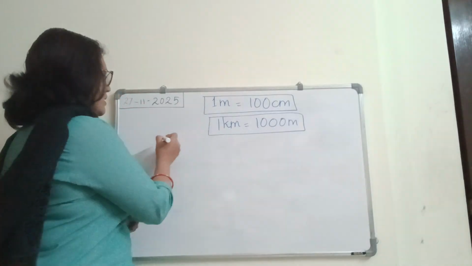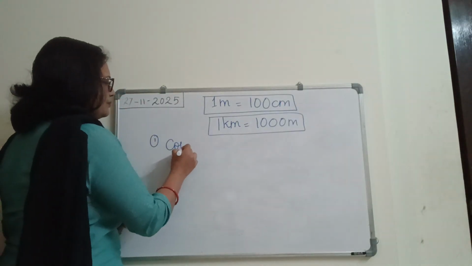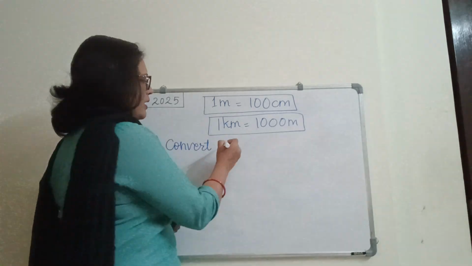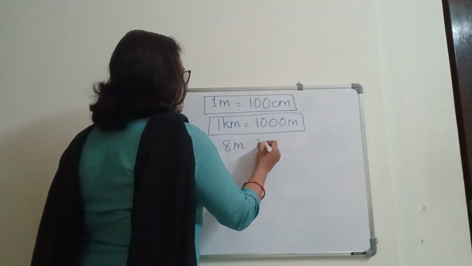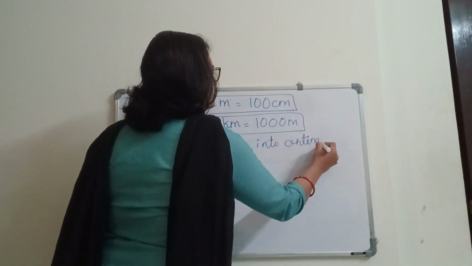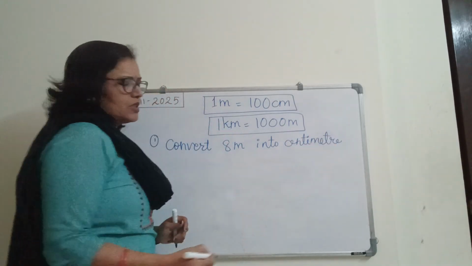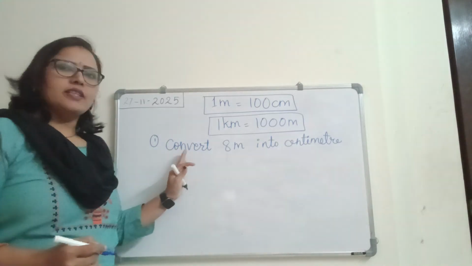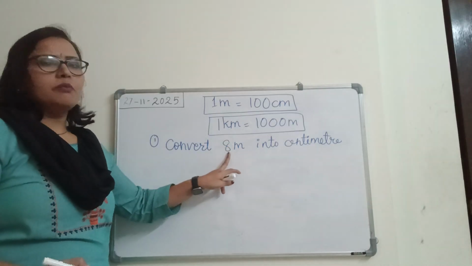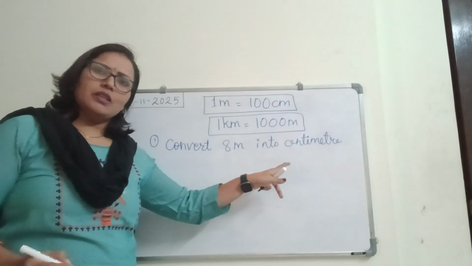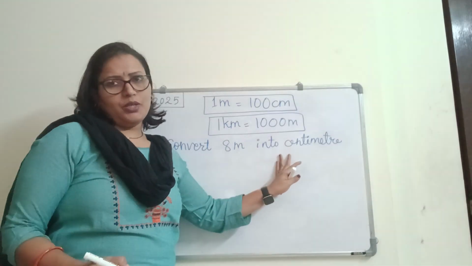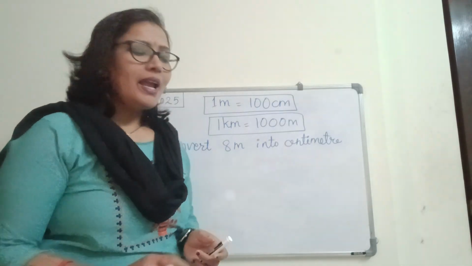The first one is: convert 8 meter into centimeter. It is given in meter, and you have to convert into centimeter. When we convert a bigger unit into a smaller unit, we have to multiply by 100.